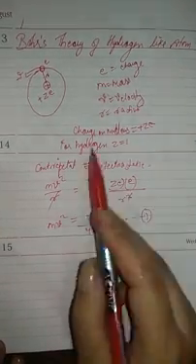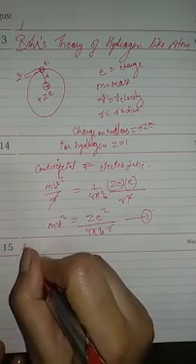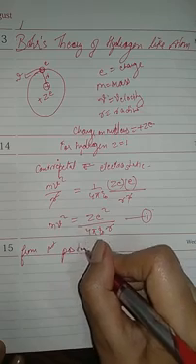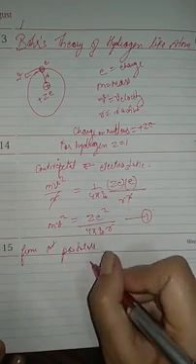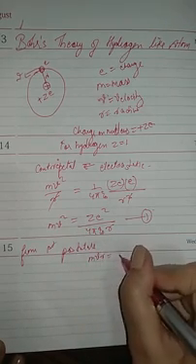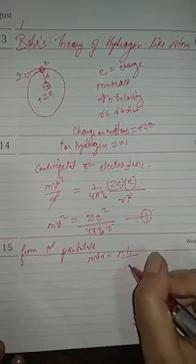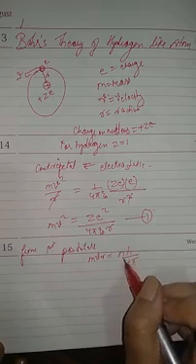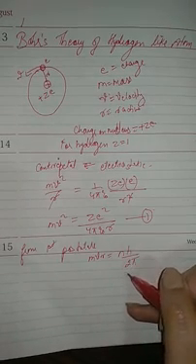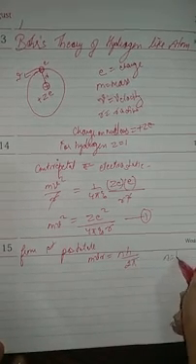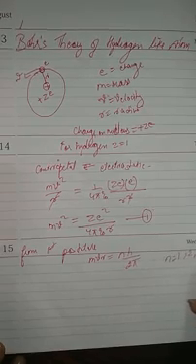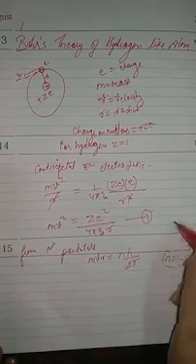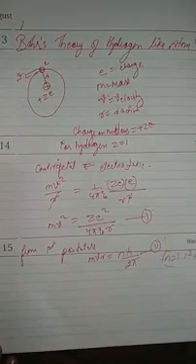Now from Bohr's first postulate, what we know is angular momentum is equal to an integral multiple of h by 2 pi, where n is the principal quantum number, or n is equal to 1, 2, 3, depending upon the number of orbits. Now let this be equation number 2.